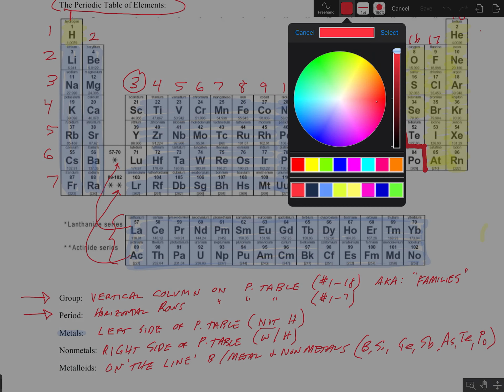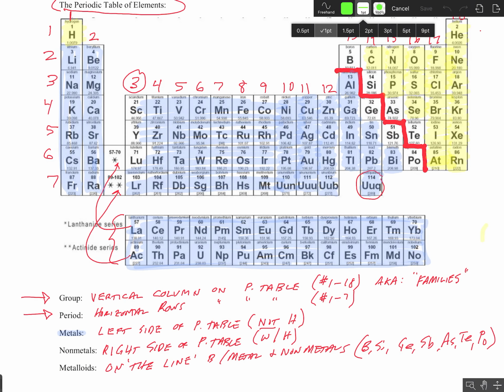So let's see, what haven't we used yet? You guys okay with green? Yeah, let's do green. All right. And we're going to color in our metalloids. So we have PO, polonium, tellurium, antimony, arsenic, germanium, silicon, and boron.